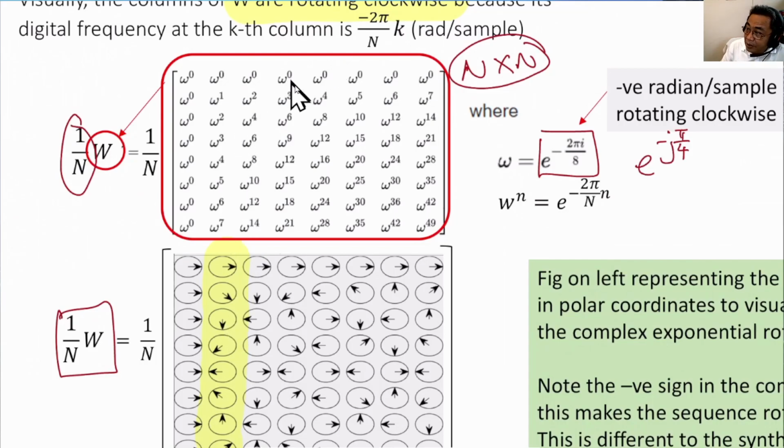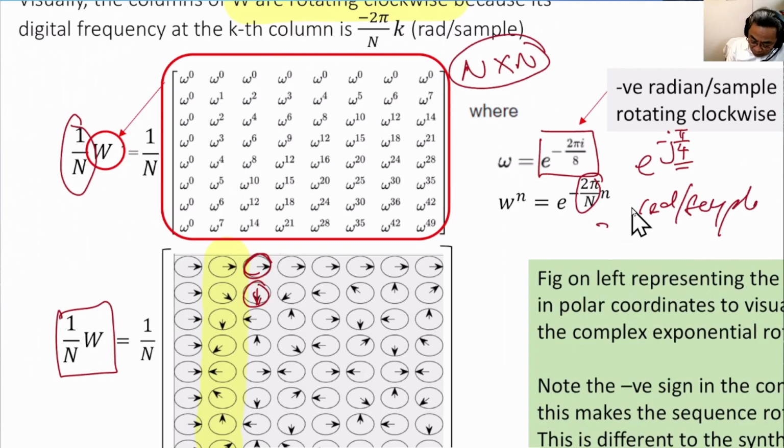This column W0, which we start off with here, W2 means that it will move by 90 degrees because it's 2 times 45 degrees. So now you understand that this notation here, the omega, is radian per sample. How many radians is it moving at every sample?